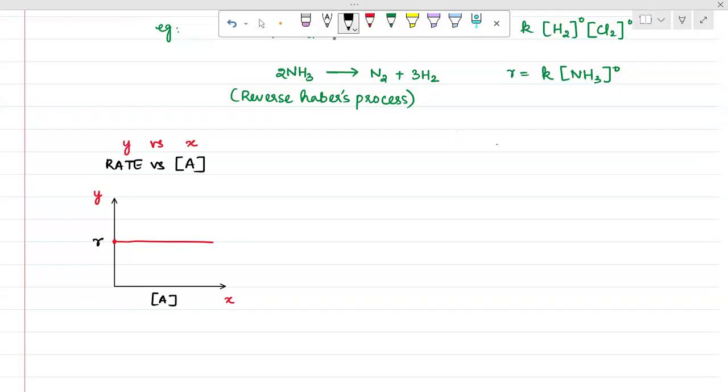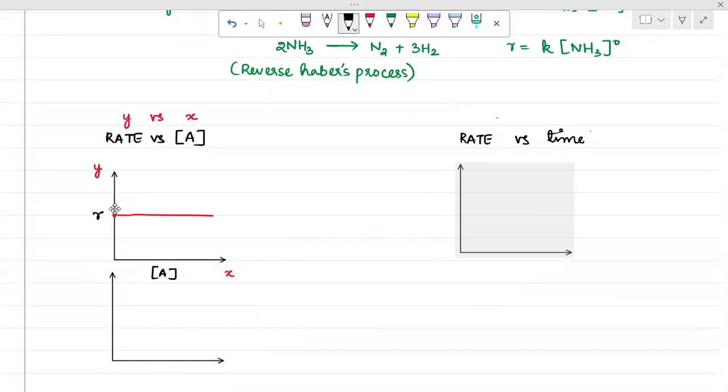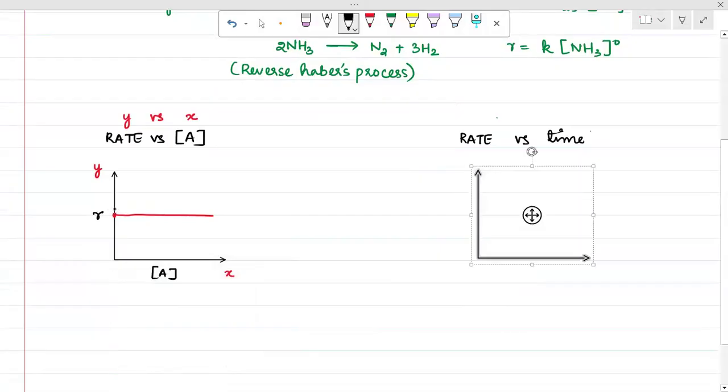Next one. What if I ask you to plot the rate of the reaction versus time? Okay, so I have rate along the y-axis and time along the x-axis. Now we do know that for any process, as the reaction proceeds, for example, what I have taken over here is A becomes P, correct?